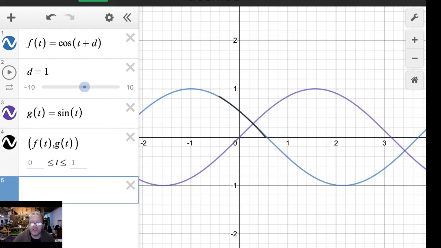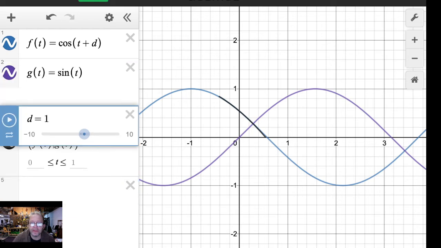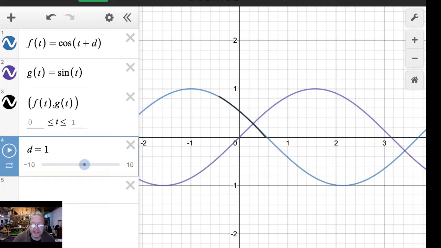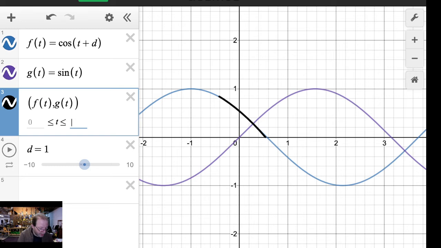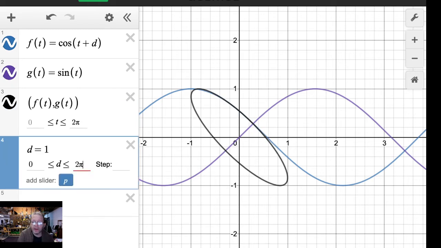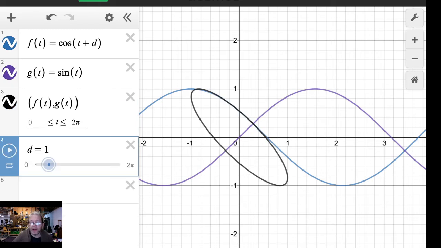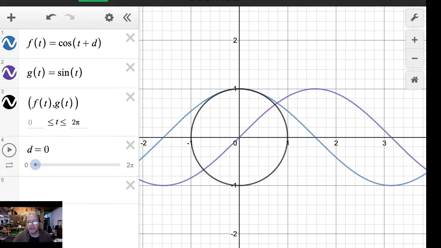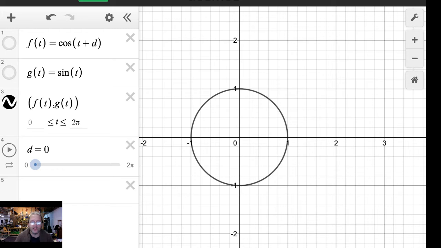Now I've got two different things here. I've got my t going from 0 to 2 pi. And the d, I'm going to make it go from 0 to 2 pi as well, but I'm going to start it back here. Now when d is 0, we just get the unit circle like we'd expect.